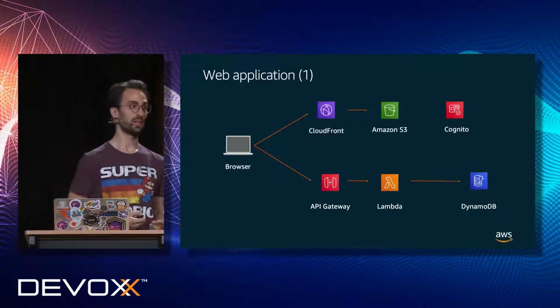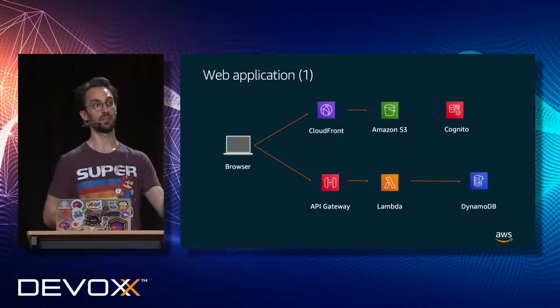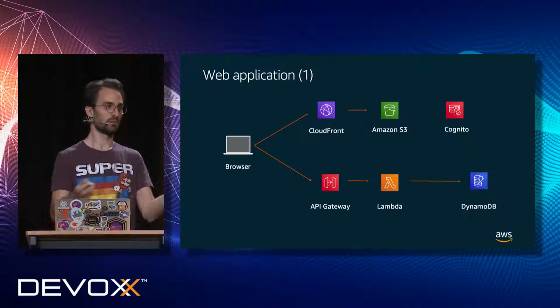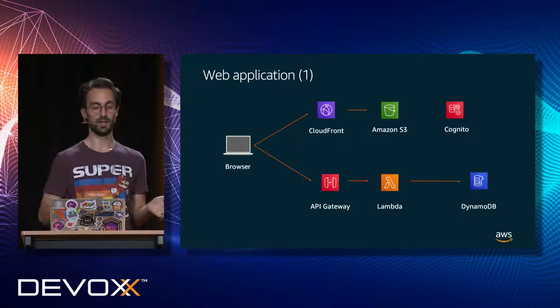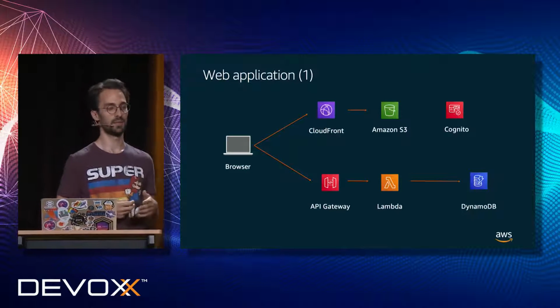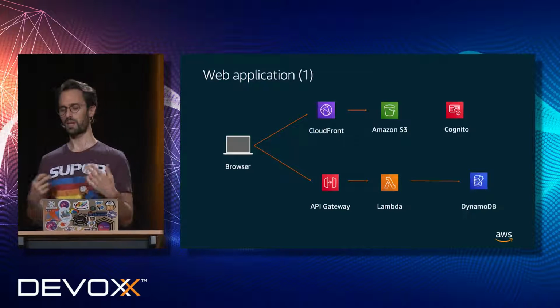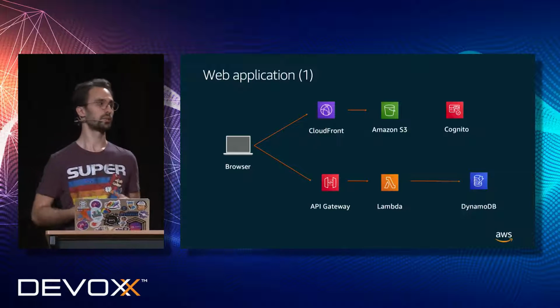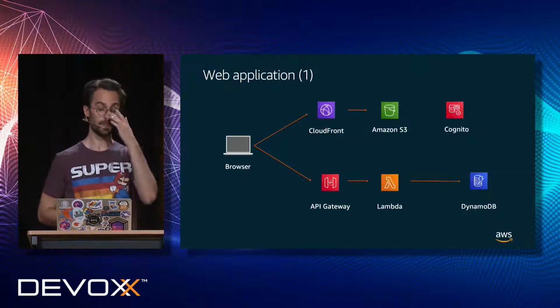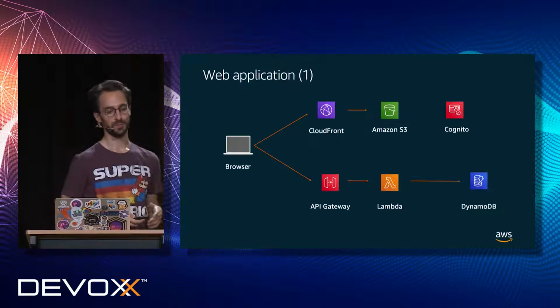We have a service called API Gateway. It puts a RESTful interface on top of your functions. Lambda, well, that's whatever code you have deployed to Lambda. And then you probably have a database. Could be DynamoDB, a NoSQL database, could be RDS for your Postgres or MySQL or even Oracle databases if you like. But this is the starting point.